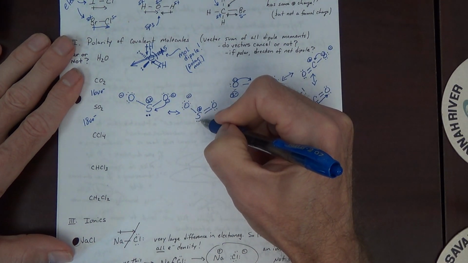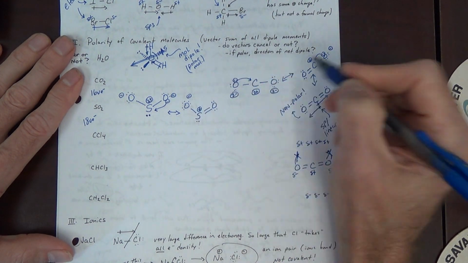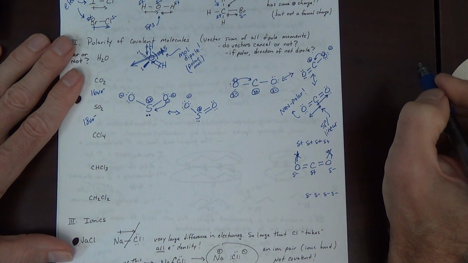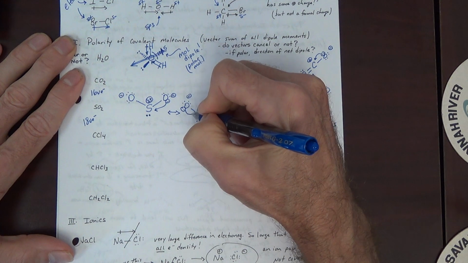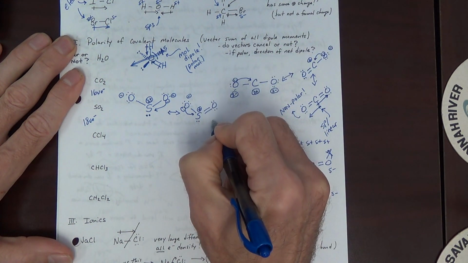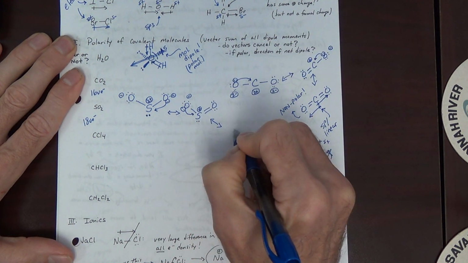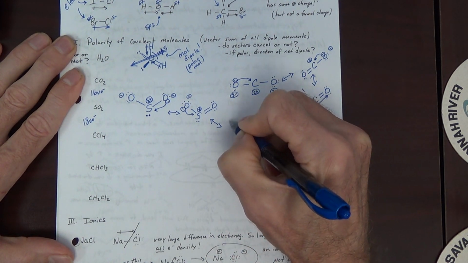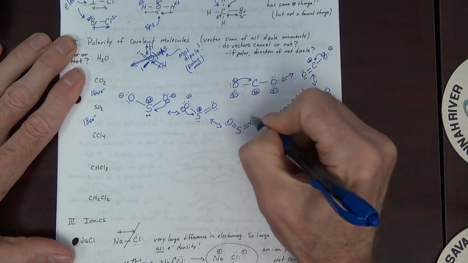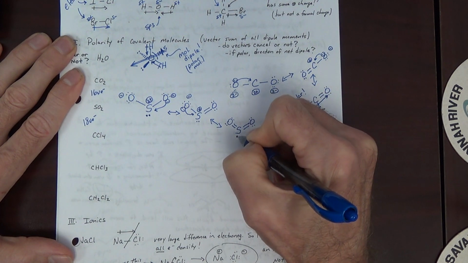Now the sulfur has an octet, 2, 4, 6, 8. Now you can draw another resonance structure here. We can move these in, and that would give sulfur double bonded to both oxygens. One lone pair still.